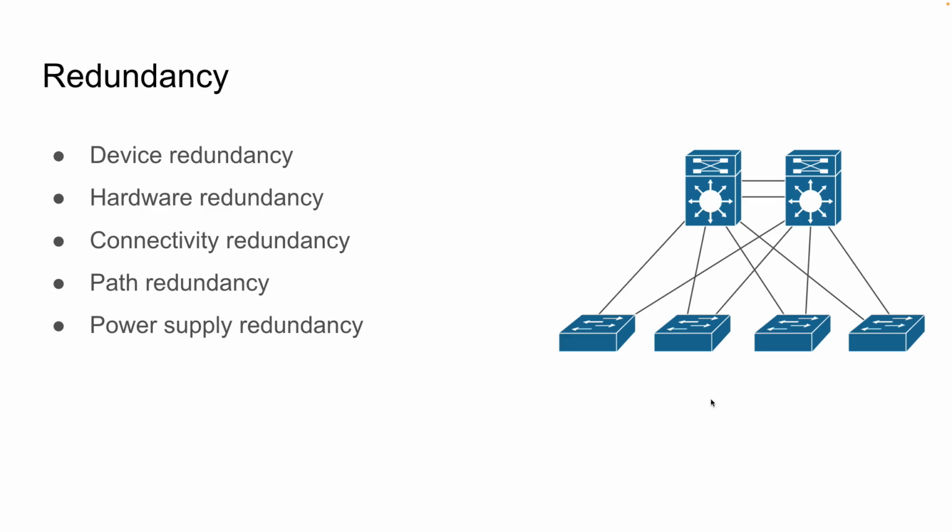There's also hardware redundancy. It's when a route processor and switching engine have two hardware copies. One is active, one is standby. This way, you can implement, for example, in-service software upgrades without powering off your device.